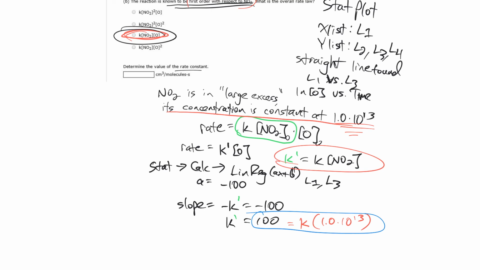So take 100 divided by 1 times 10 to the 13th, and we get 1 times 10 to the negative 11th. The units here would be centimeters cubed per molecules per second. So 1 times 10 to the negative 11th.